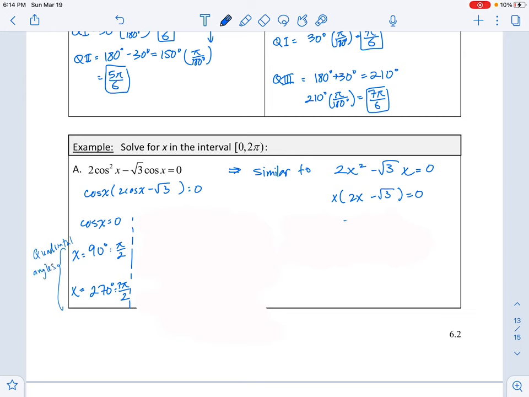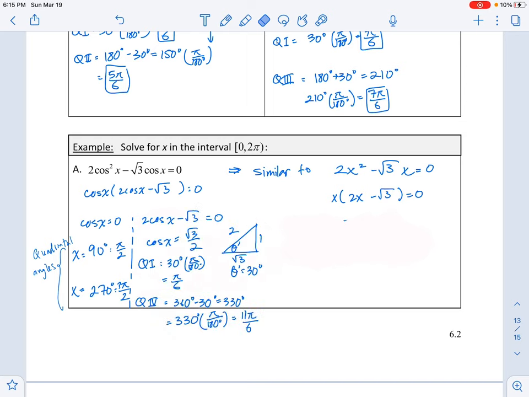Okay. The other one, I'm going to set 2 cosine x minus root 3 equal to 0. I solve for cosine to get my reference angle of 30 when I plot my sides. And I know that cosine is positive in quadrants 1 and 4.